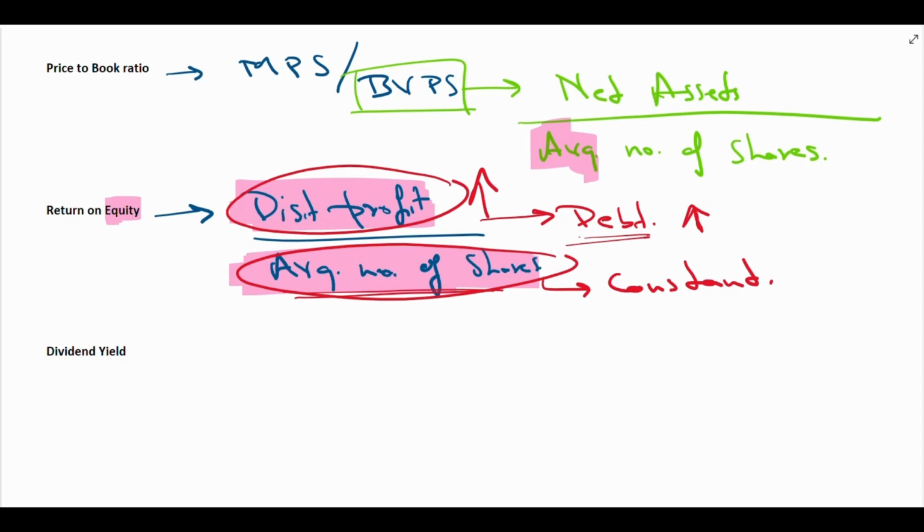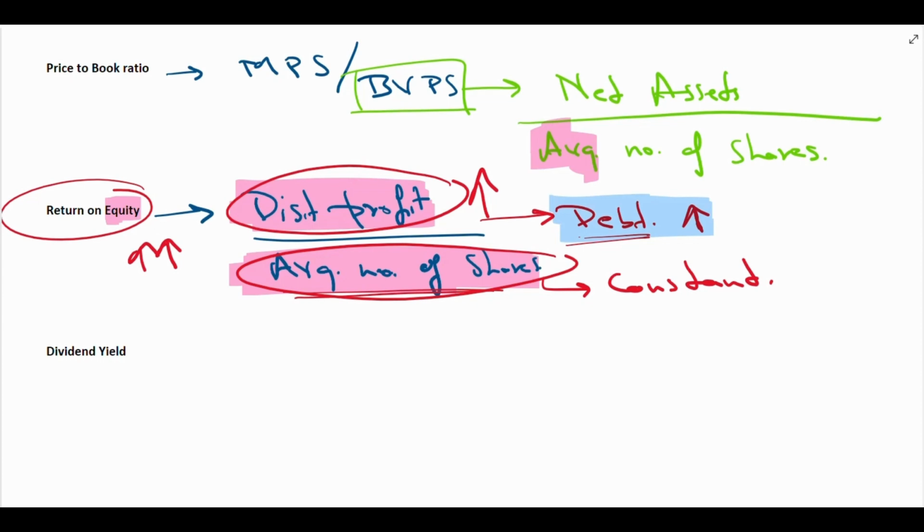So the overall return on equity will obviously go up because the denominator is constant and the numerator is going up because of the debt, right? So again, this ratio should not be looked at in isolation. Rather, it needs to be benchmarked, and the capital structure of the organization should also be taken into consideration.